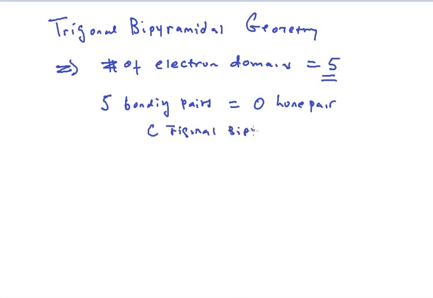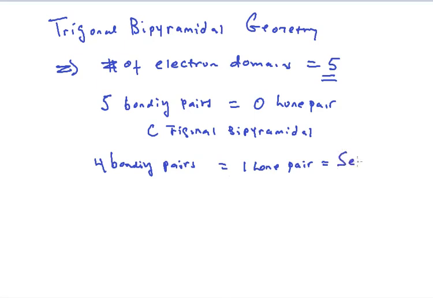But if you do the geometry and you end up with 4 bonding pairs and 1 lone pair, it's still under trigonal bipyramidal geometry, but it's called a seesaw geometry.